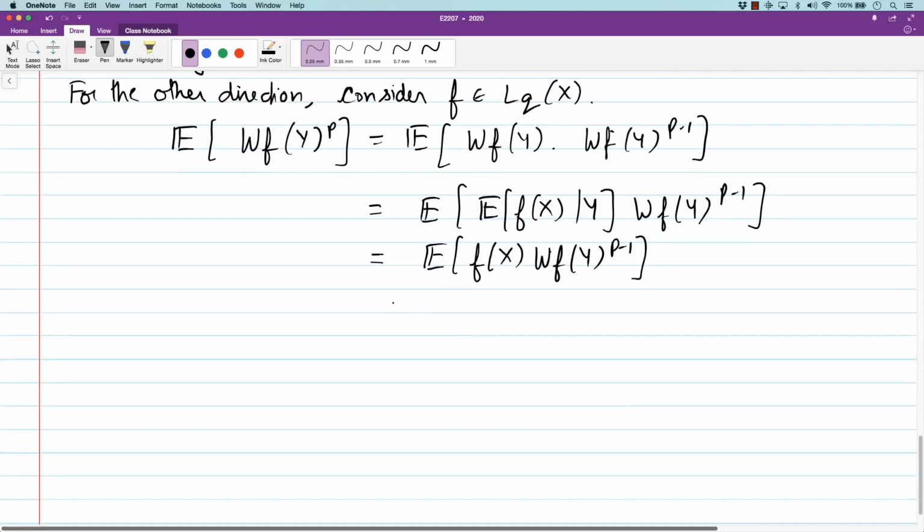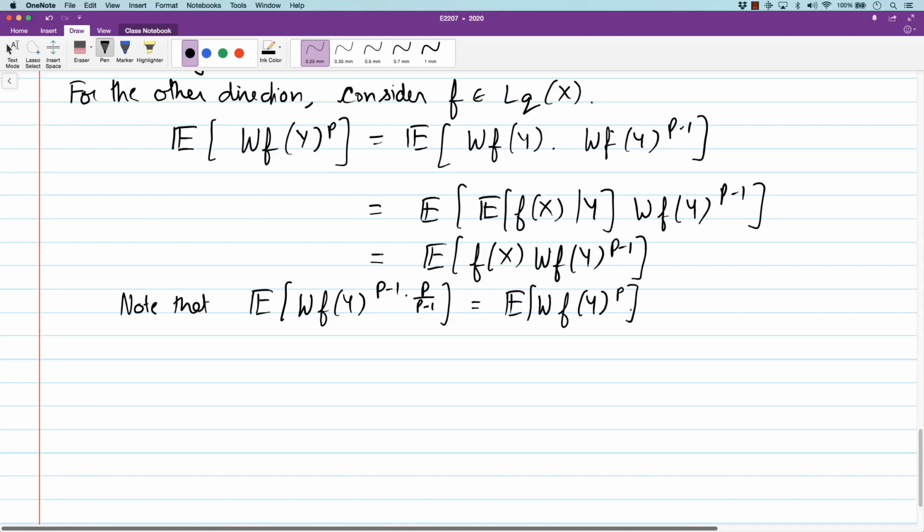And now we use the other form of hypercontractivity, with this being G, and we can view this as G, because note that the expected value of WF(y) to the power p minus 1, suppose we raise it to the power p prime, that's p by p minus 1, equals the expected value of WF(y) to the power p.